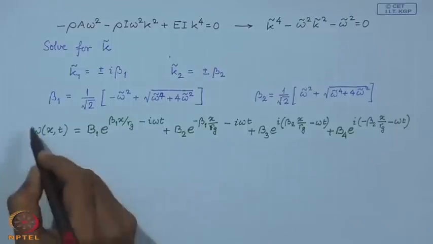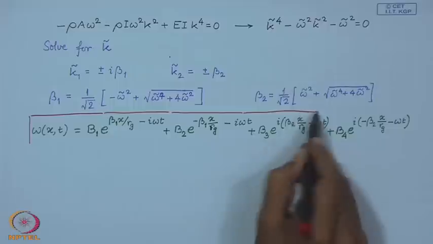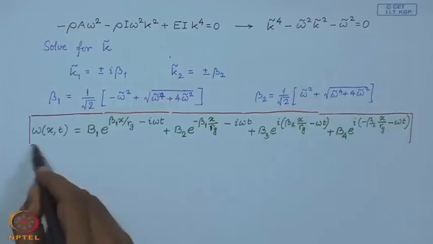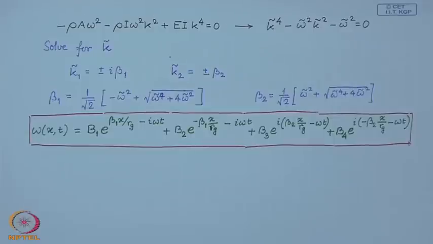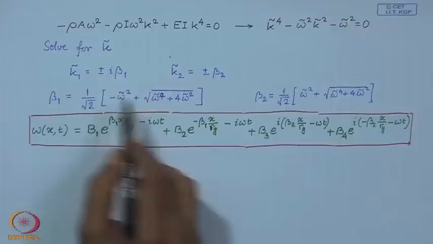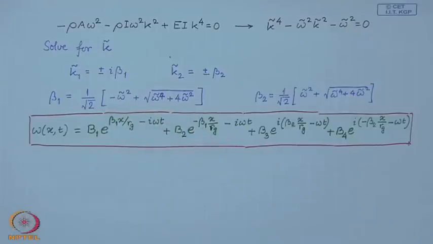So, this represents the waves that can propagate in the beam, as per the solution of the wave number in terms of the non-dimensional frequency omega.